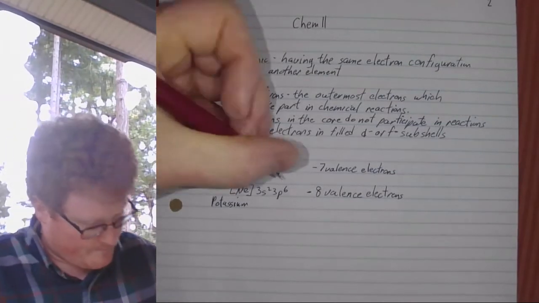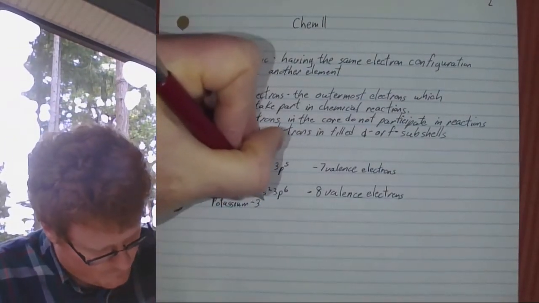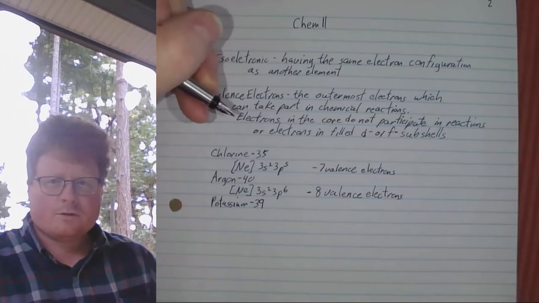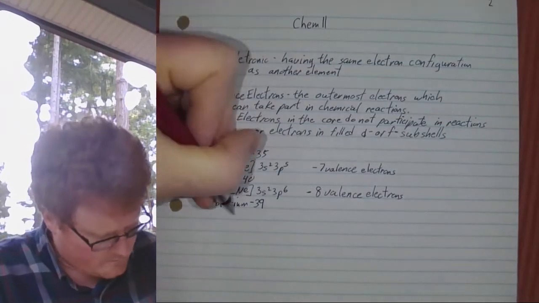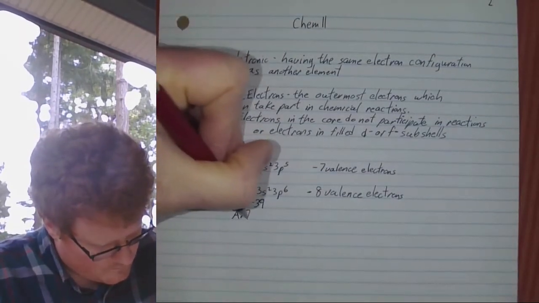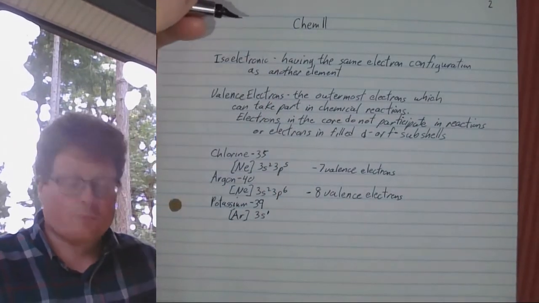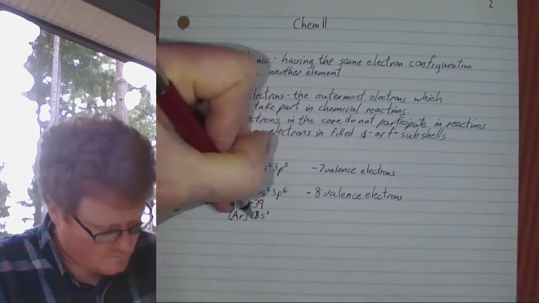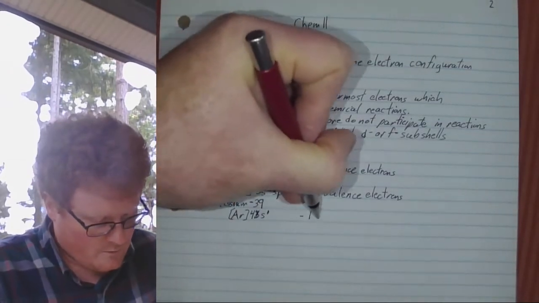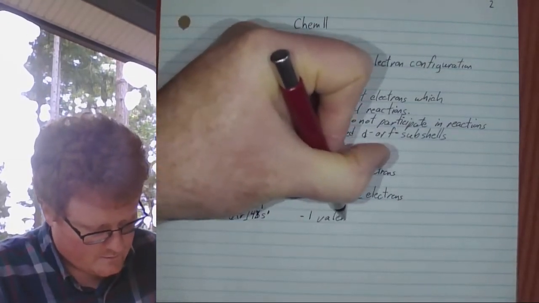Potassium 39. What's its core configuration? Argon, 4s1. One valence electron.